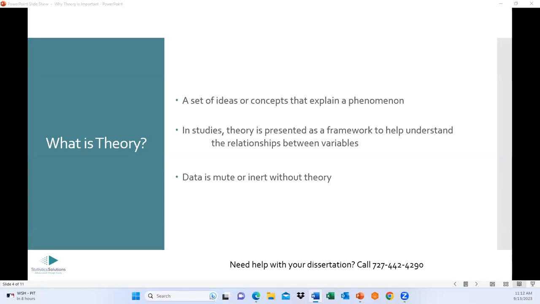Which may resonate with followers and inspire them to act like the leaders want them to, right? So that's a way that the theory can help explain that connection between transformational leadership and motivation. That was our example. So just an example about how theory can help explain connections. Okay, but that's kind of just a general nutshell version of what theory is.